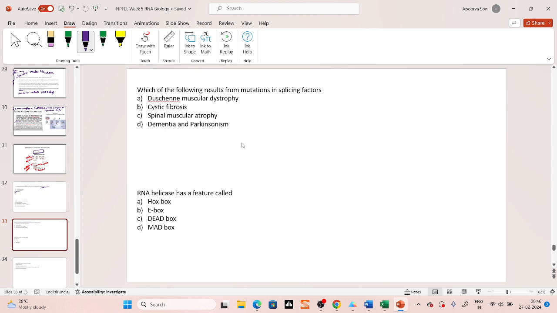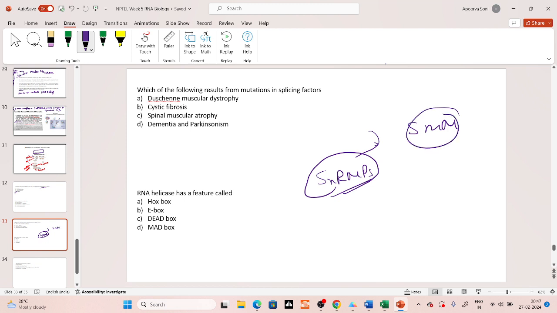So splicing factors are snRNPs, which help in splicing, and which are managed by SMN proteins. So any mutation in a splicing factor means there can be some problem in SMN proteins also.